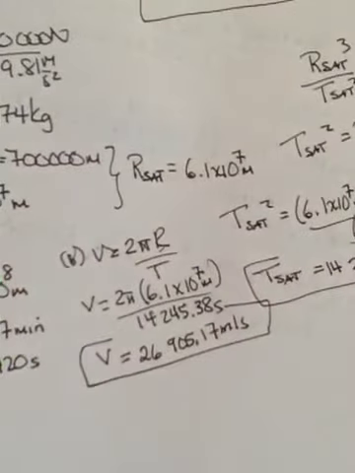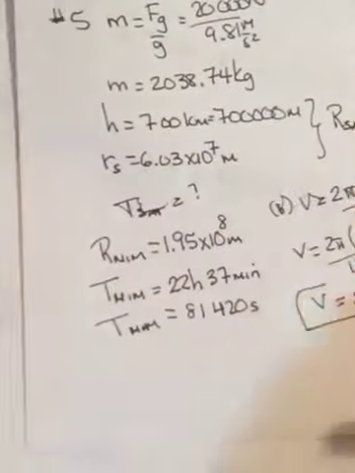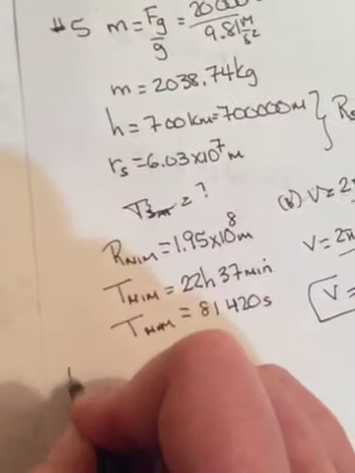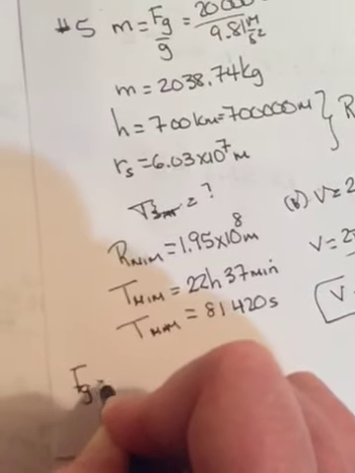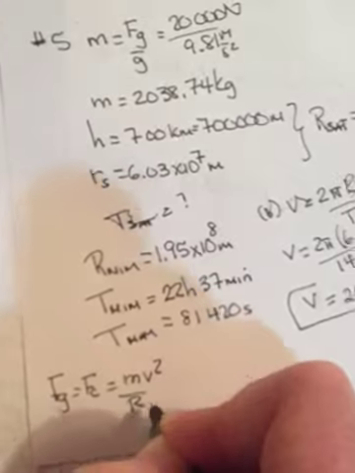Part C wants to know weight in orbit. You can't do Fg because Fg equals GMm over r squared. But you know Fg is equal to Fc, so you can do mv squared over r.